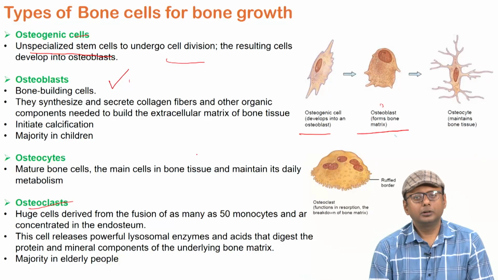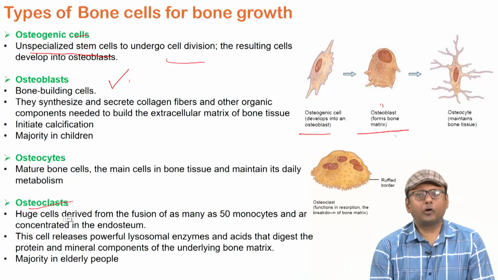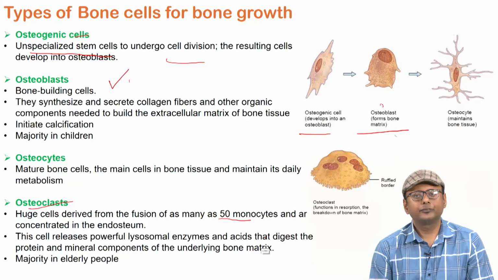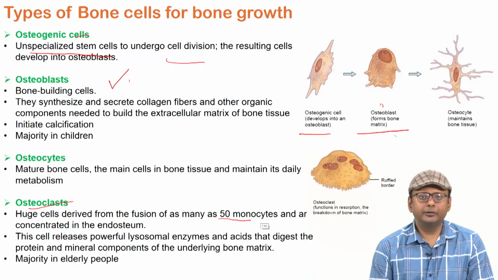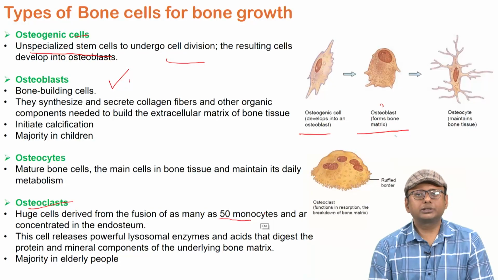But when people become old, then the osteoclast cells, which are basically monocyte cells, come into play. About 50 monocytes combine to form an osteoclast cell, and they release a powerful acidic lysosomal enzyme to chew off the protein and mineral components. So osteoclasts destroy the present bone environment, and osteoblasts help to grow or build the bone.